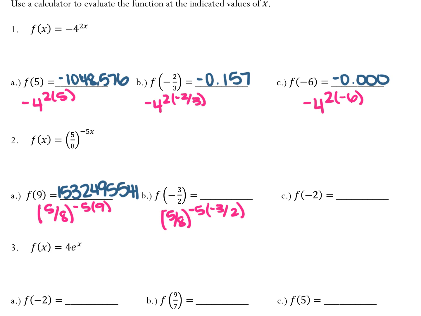And that would give you 0.029, rounded to the 3rd decimal place. For C, you have f of negative 2, so that's 5/8 to the power of negative 5 times negative 2. And that gives you 9,536.743.